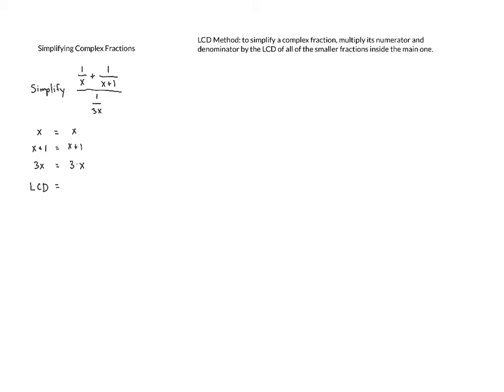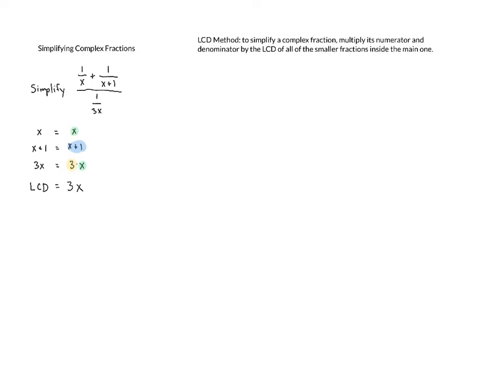So one factor that appears here is 3. So we need to include a 3 in our LCD. Another factor that appears is x. In fact, this appears in multiple denominators. So our LCD also has to contain a factor of x. And then lastly, we've got a factor of x plus 1.